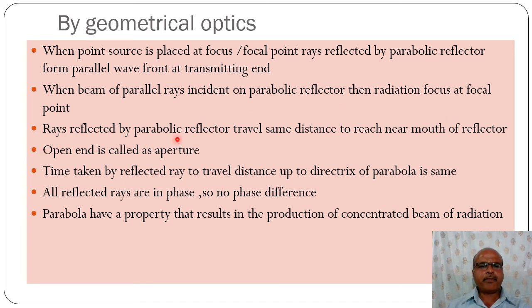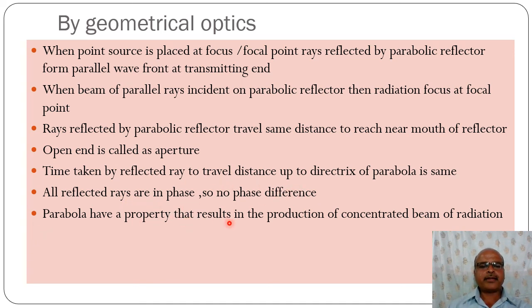Rays reflected by the parabolic reflector travel the same distance to reach the mouth of the reflector. The open end is called the aperture. The time taken by a reflected ray to travel up to the directrix of the parabola is the same. All reflected rays are in phase, so there is no phase difference.